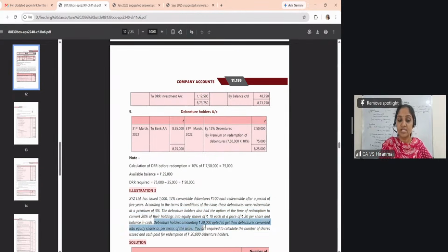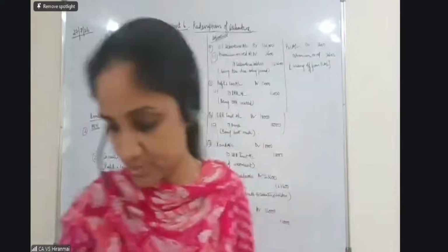Now, debenture holders amounting to rupees 20,000 opted to get their debentures converted into equity shares as per the terms of issue. You are required to calculate the number of shares issued and what is the cash paid for redemption.